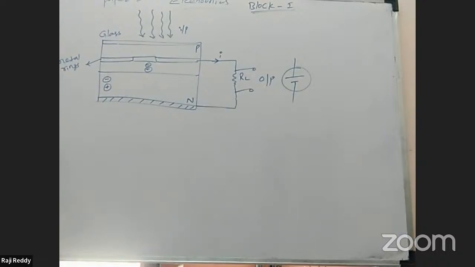Photons collide with valence electrons and impart sufficient energy, enabling them to leave the parent atoms.